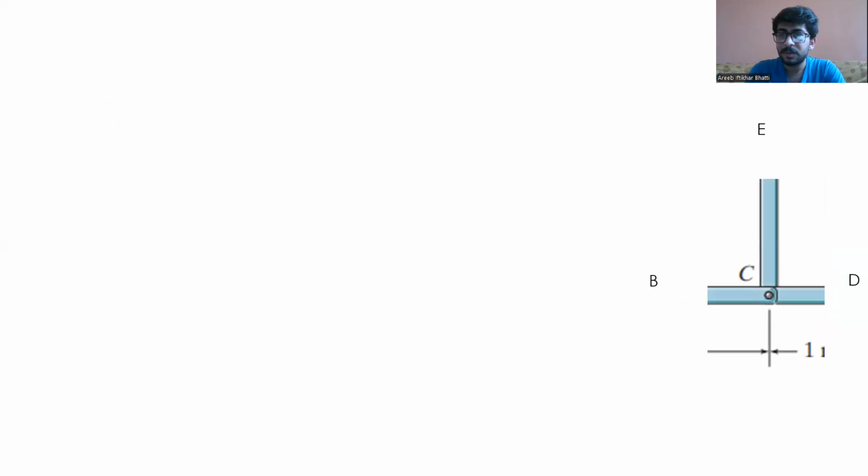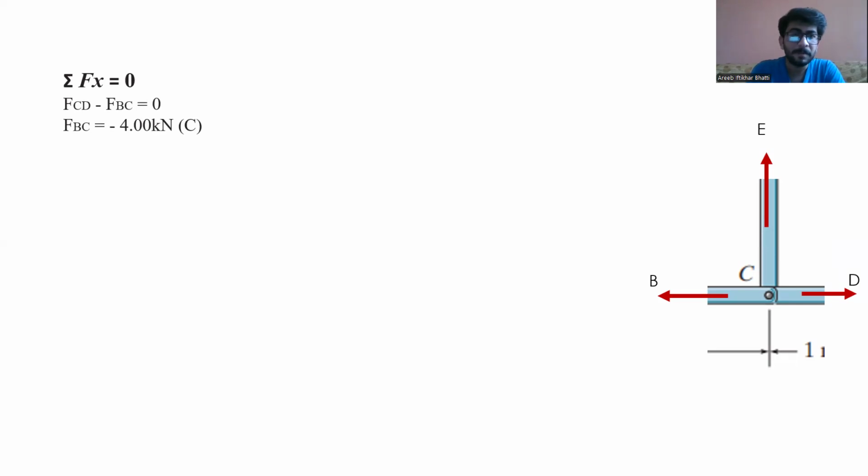So when I take the joint C, three members are connected with point C, and these are the forces that are acting at the members. So getting to the first equation, we have FCD force equal to negative FBC force, because these two forces are acting in opposite direction.